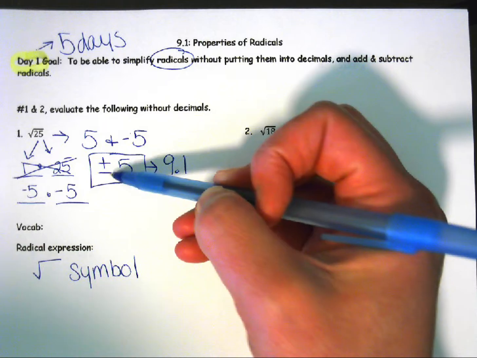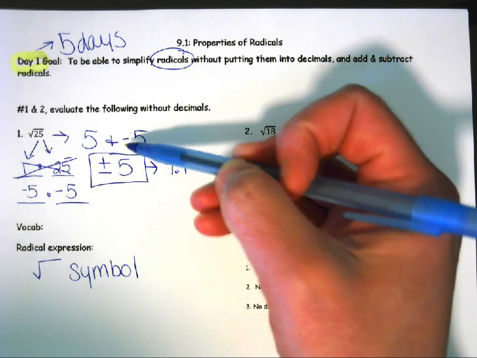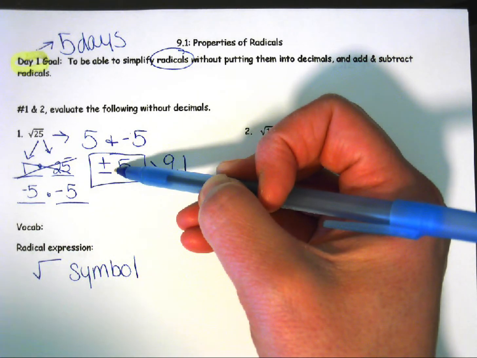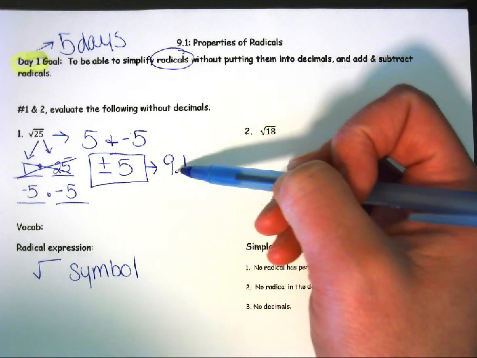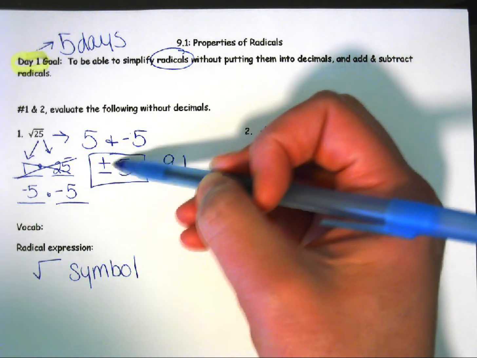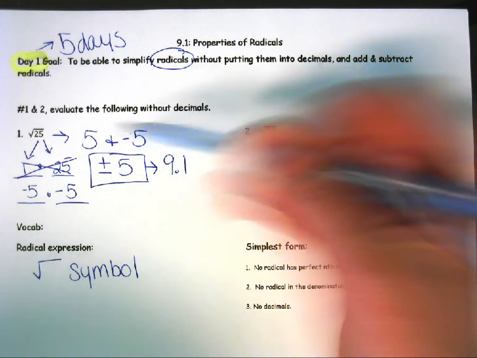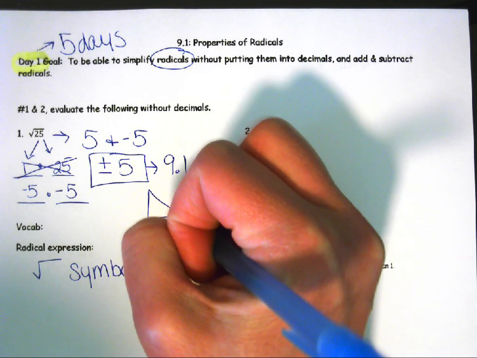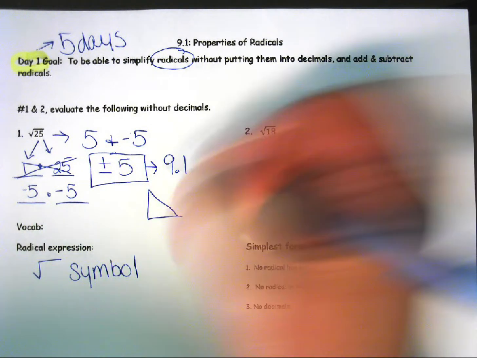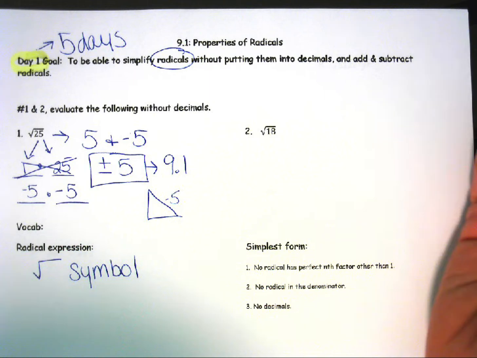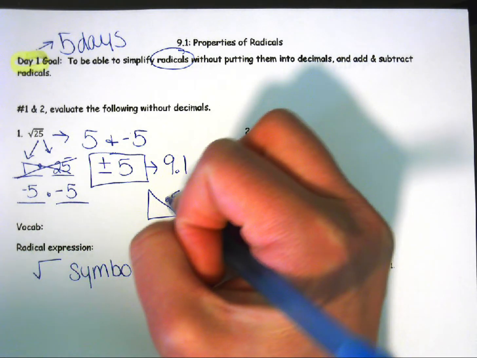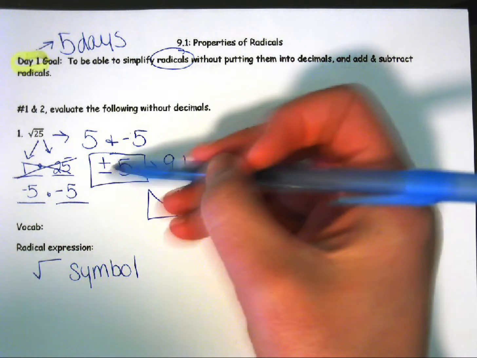If you want to put it, you can, but we're not going to worry about this plus or minus right now because we're going to have enough other stuff to be doing versus always putting this. Plus, in geometry, if you were given a triangle, you wouldn't have a negative side anyways. You would only keep the positive. So I just want you to know that about this one.